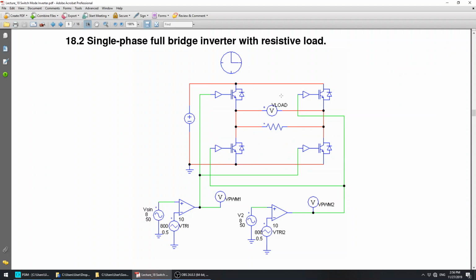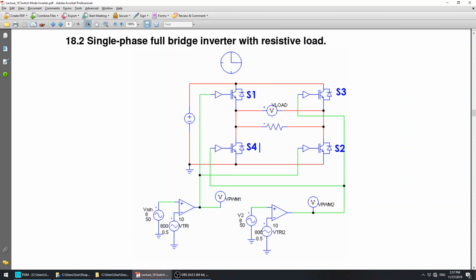Let's label this as switch 1, then you have switch 2 here, then switch 3, as well as S4 there.